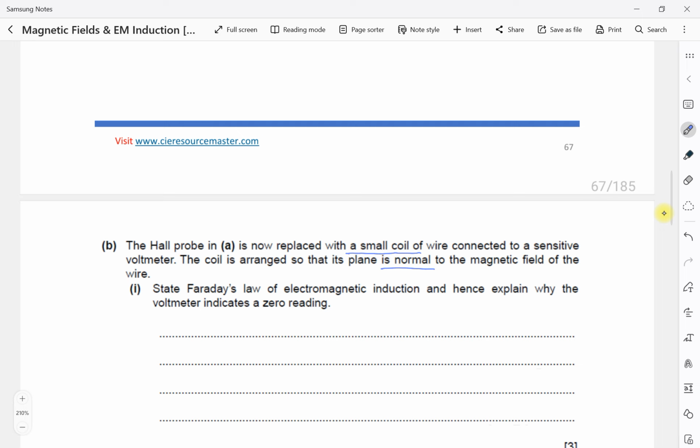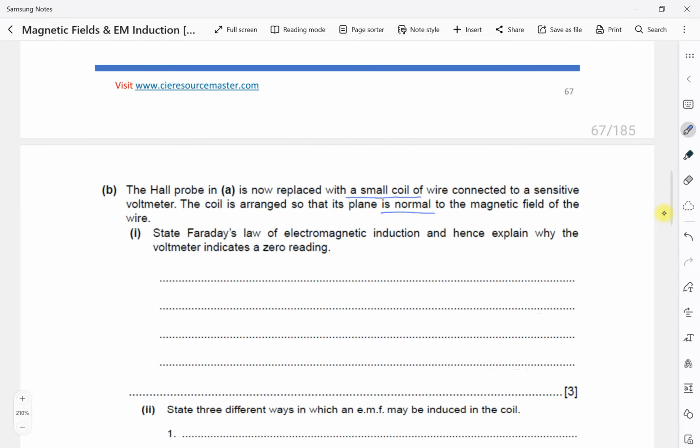Okay, so we know what Faraday's law states. The magnitude of the induced EMF is directly proportional to the rate of change of magnetic flux linkage.